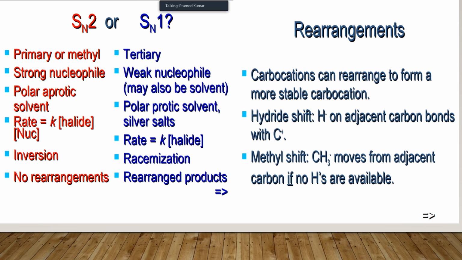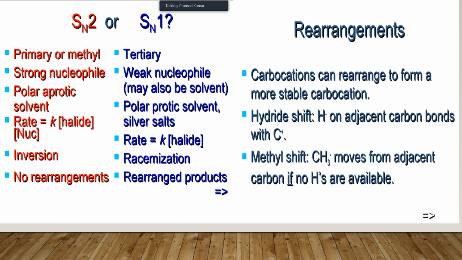There is inversion of configuration that takes place in your SN2 reaction, whereas there is racemization that takes place in your SN1 reaction. No rearrangement occurs in your SN2 reaction, whereas rearrangements are found in case of SN1. Why? Because your reaction depends upon the stability of the carbocation.